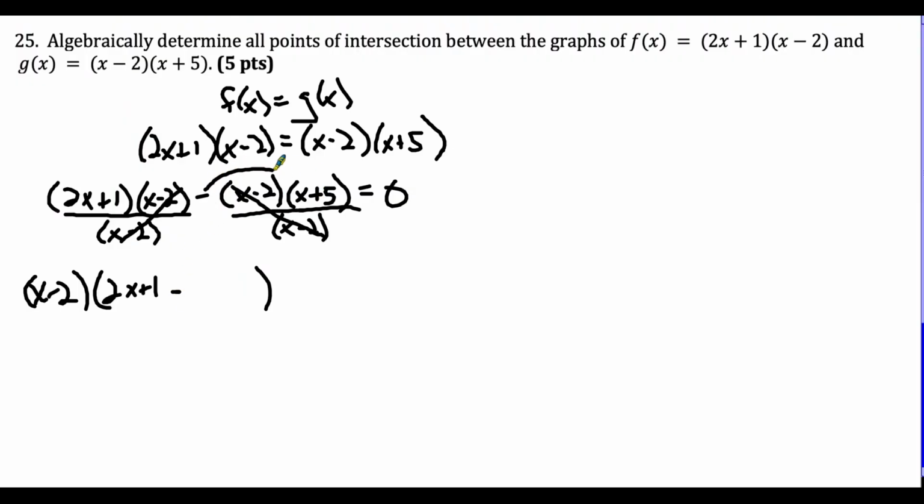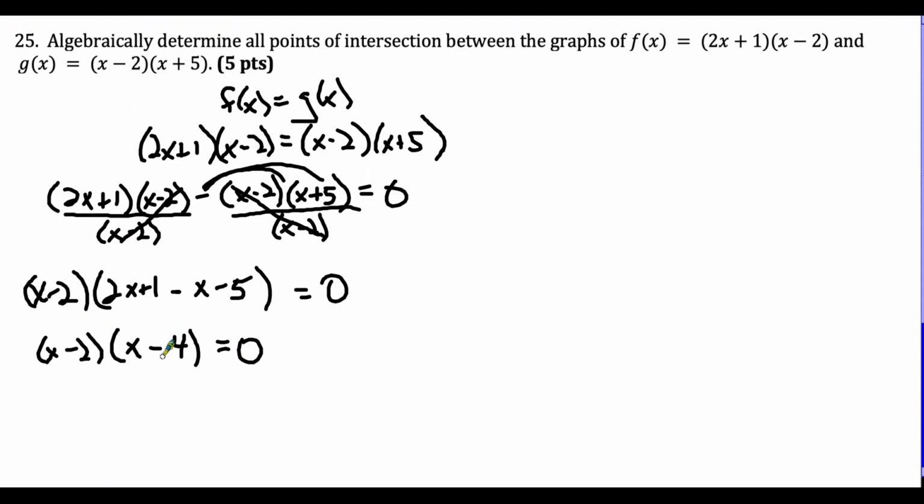I have to distribute this negative sign through my parentheses. So I'm really subtracting x and subtracting 5. So now I can combine like terms in this factor here, and 2x minus x would be x, and 1 and negative 5 would be negative 4.